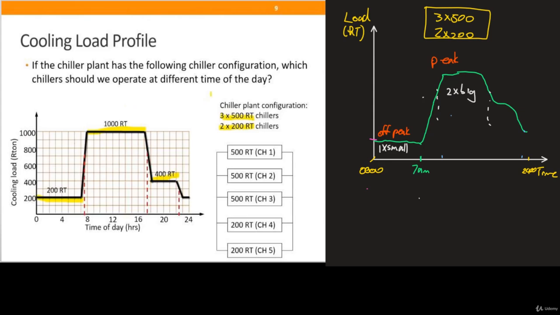That means maybe your chiller 1 and chiller 2, such that it will provide enough capacity, 1000 ton, for the peak period. And during the evening time, you may switch off 1 big chiller and run only one big chiller, which is one 500-ton chiller at 80%. Because the load is 400 tons and your capacity is 500 tons, that's why you are running at 80%.